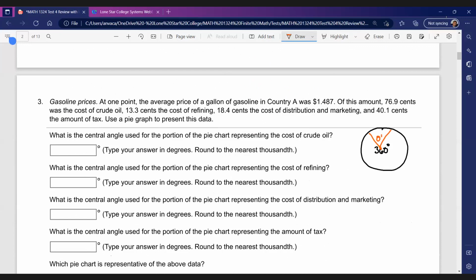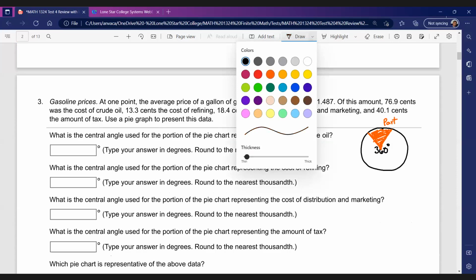Here we have some angles referred to as the central angles. So what I just drew here is the central angle. And this is a portion of the entire circle. Therefore, we can calculate this, because this is a part of a whole.